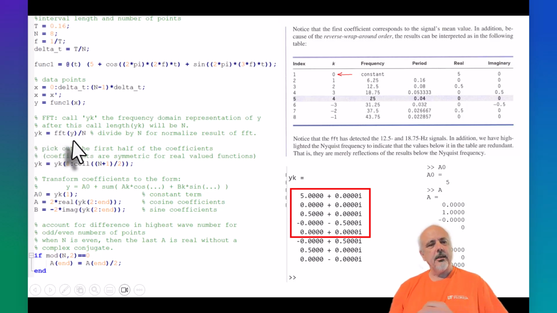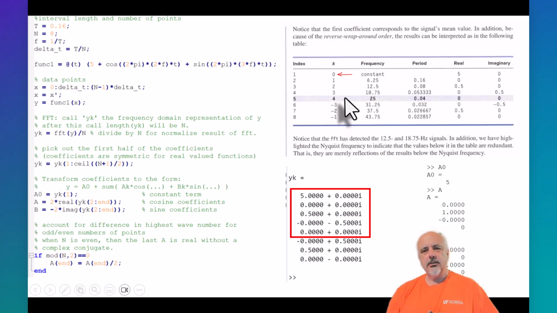So this is what they did, right? And it turns out that what is returned, this is correct, what is returned by the FFT, and you can see my yk here. This is what's returned by the FFT function, but you can only use part of it. You can only use about half of it, because the very first one that you get back is going to be a real 5, and that's correct, as you know.